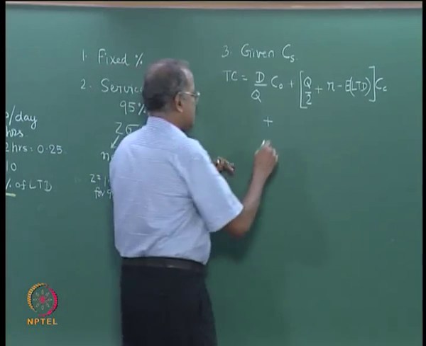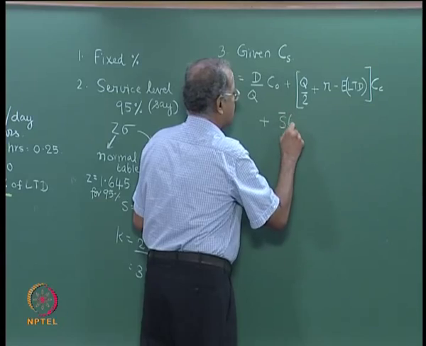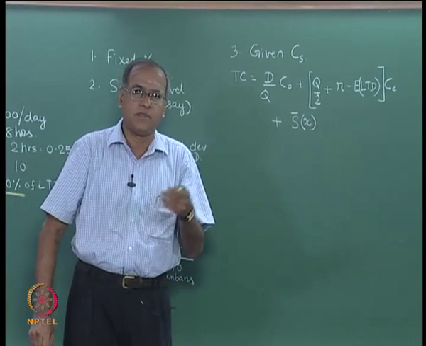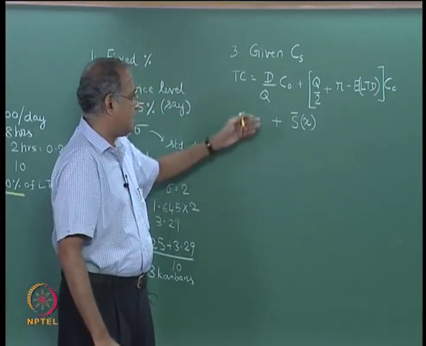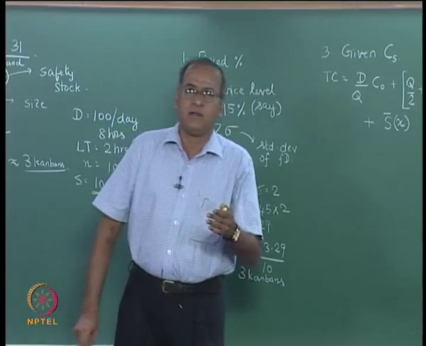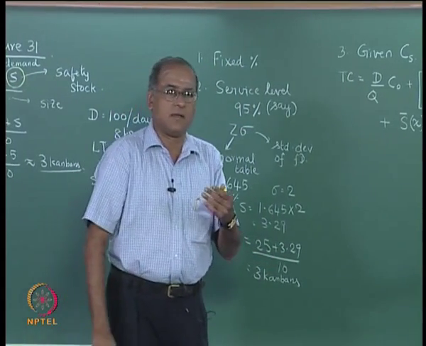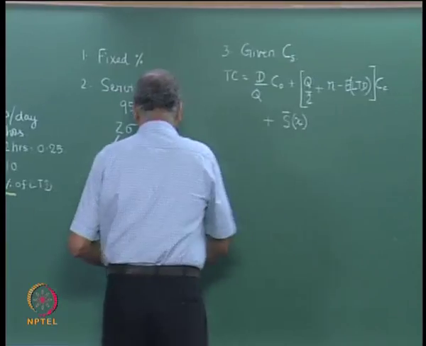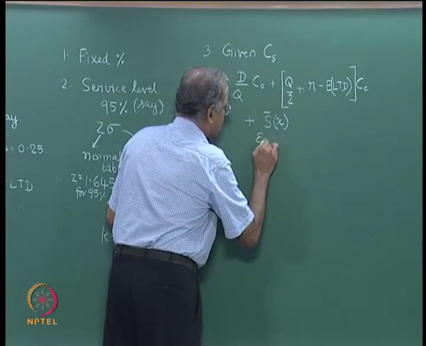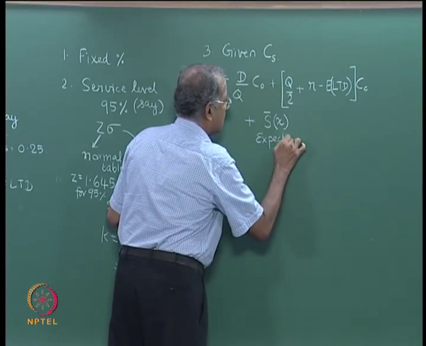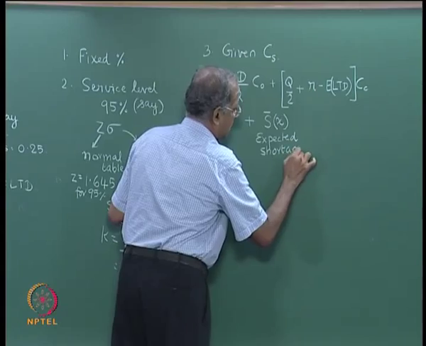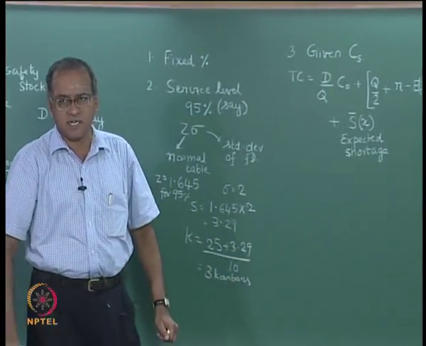In this shortage cost, S bar of x is the expected shortage, it is not the probability of occurrence, it is expected shortage.